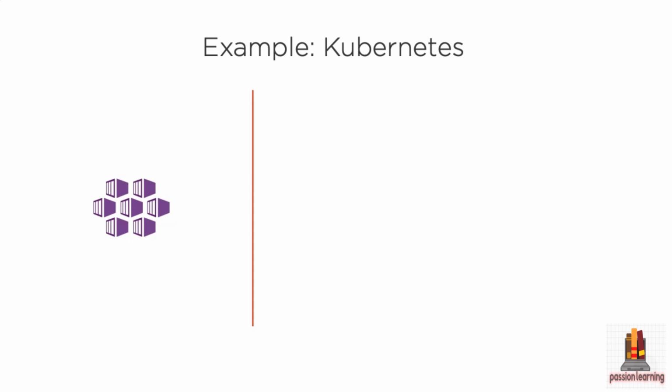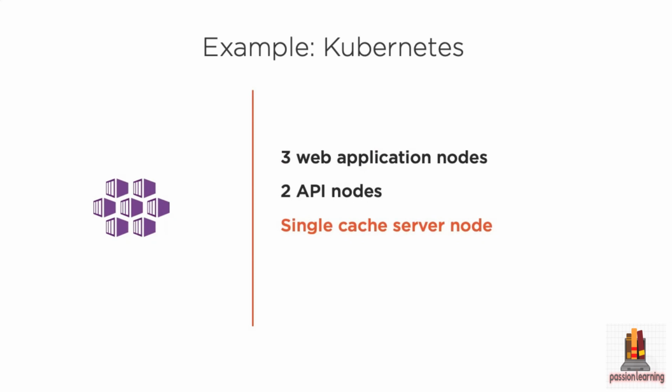Another example to give you a sense is that you may want to build out a Kubernetes cluster. For example, if you've got 3 web application nodes, you've got a couple of API nodes, maybe a single cache server node, and you want to use all of the Kubernetes tools to manage and deploy this in a cluster using container technology, you can do that.